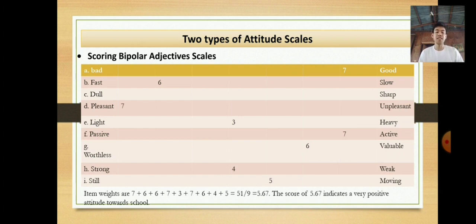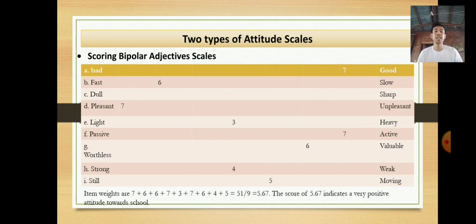It is easier and less time consuming to construct than the Likert scale, because the Likert scale needs many statements. But here, only two adjectives are needed, bad and good.